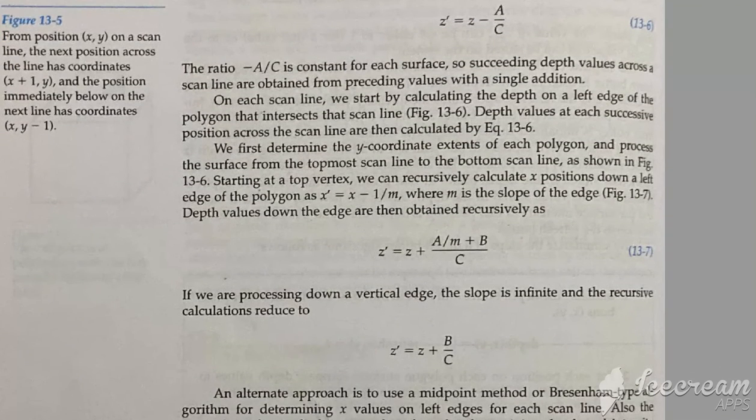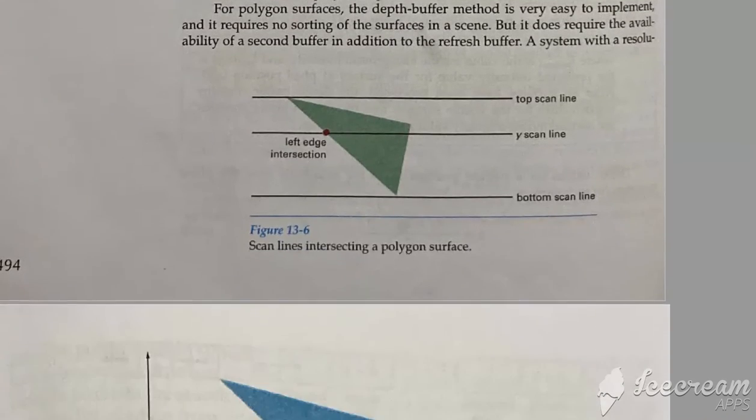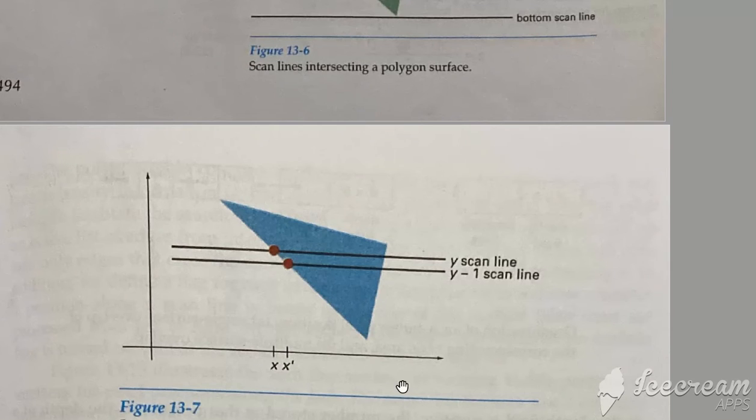Next we learn the Z value at x plus 1, y minus 1. For that, we have to find the slope of a line. Suppose this is our scan line, and we know the Z values at x, y and x plus 1, y. Next we have to find the Z value at x plus 1, y minus 1. We take x plus 1 as x dash and find the slope.